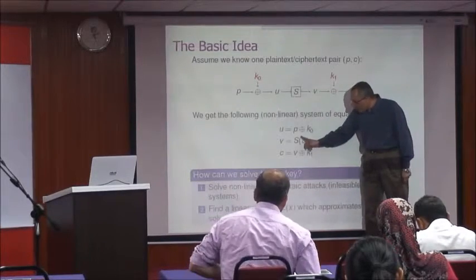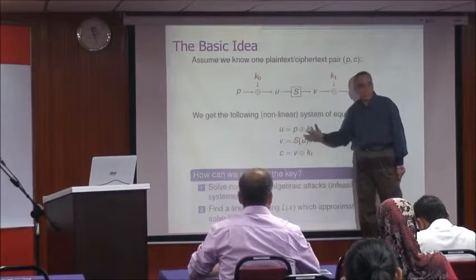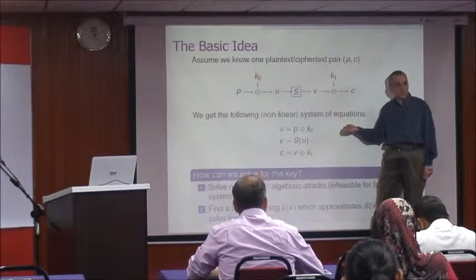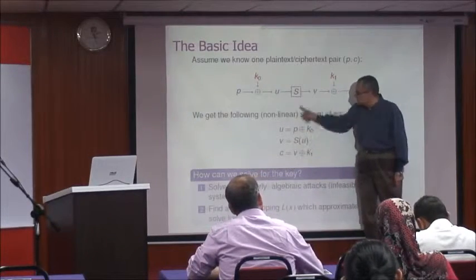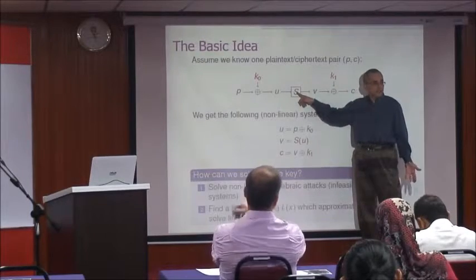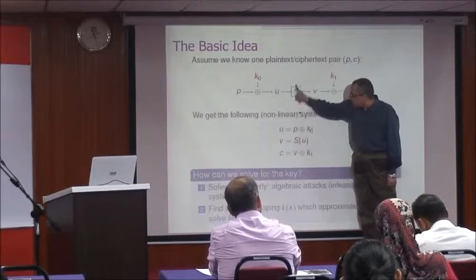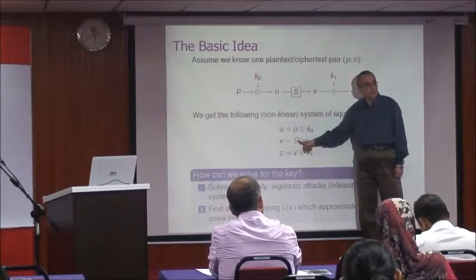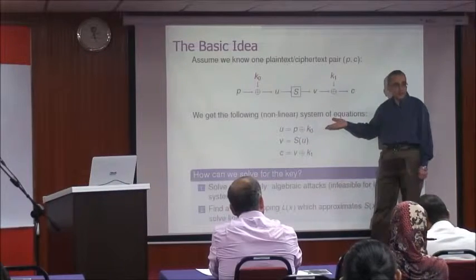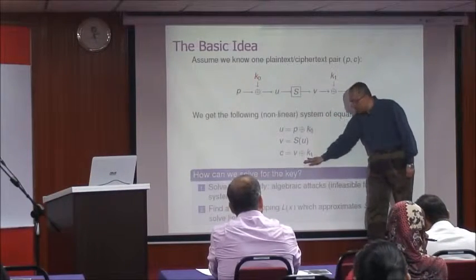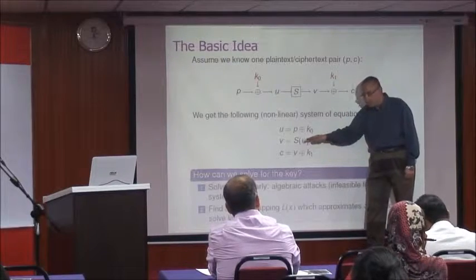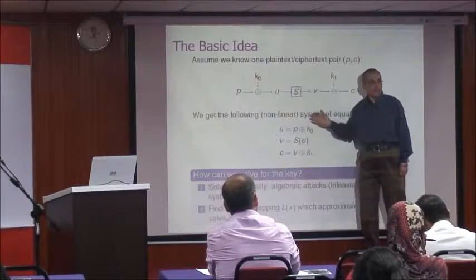The only reason for this system of equations to be nonlinear is that the substitution layer is nonlinear. Suppose I replace it by a linear system, then I should be able to very easily solve a system of linear equations in K0 and K1 and recover the keys.